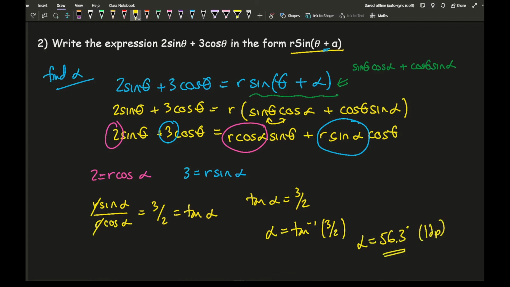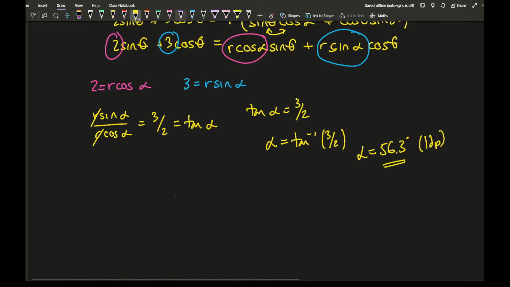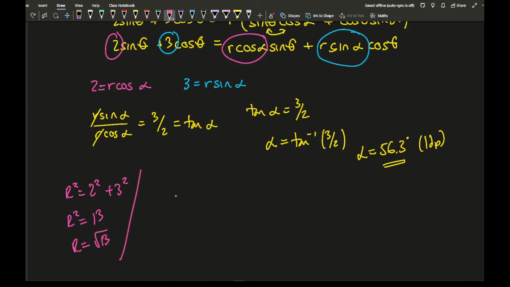Then, obviously, finding r. Again, you can use the way that I showed you. Here we could have known that r squared equals 2 squared plus 3 squared, so r squared equals 13, so r equals the square root of 13. That's absolutely fine. But if you want to show full working out, it's entirely up to you. All we've got to do is use these two things here, square them and add them.